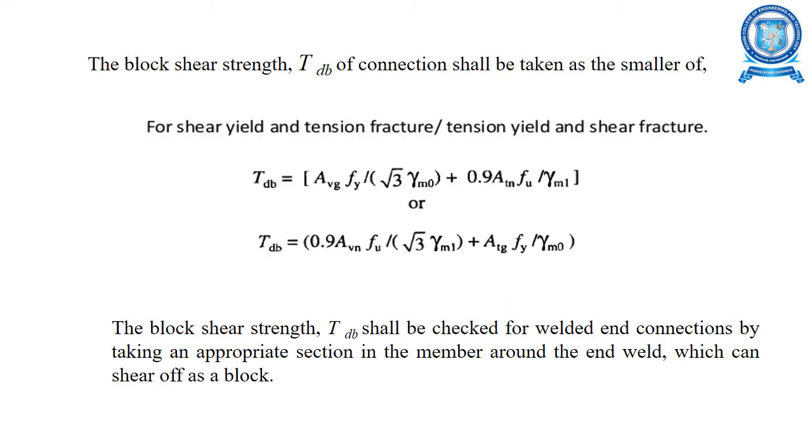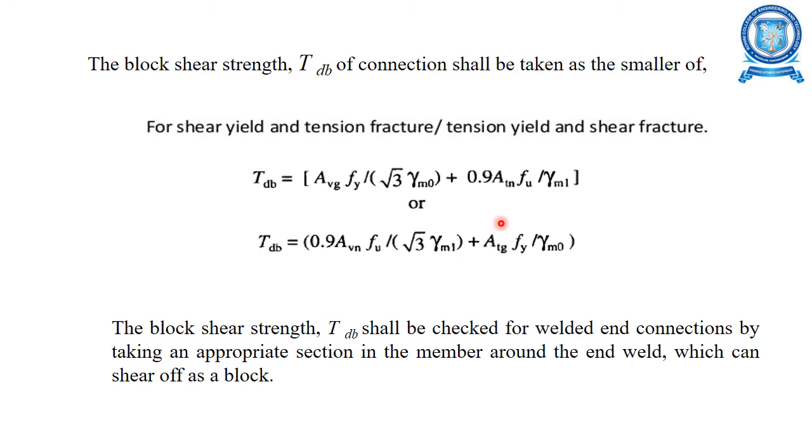Next we will see about the block shear strength calculation for bolted connection. The TDB value is calculated by using these two equations. We have to take the block shear strength by taking the smaller value of these two formulas. That is TDB is equal to Avg Fy divided by square root of 3 gamma m0 plus 0.9 Atn Fu divided by gamma m1, where Avg is equal to minimum gross and net area in shear along bolt line parallel to the external force.